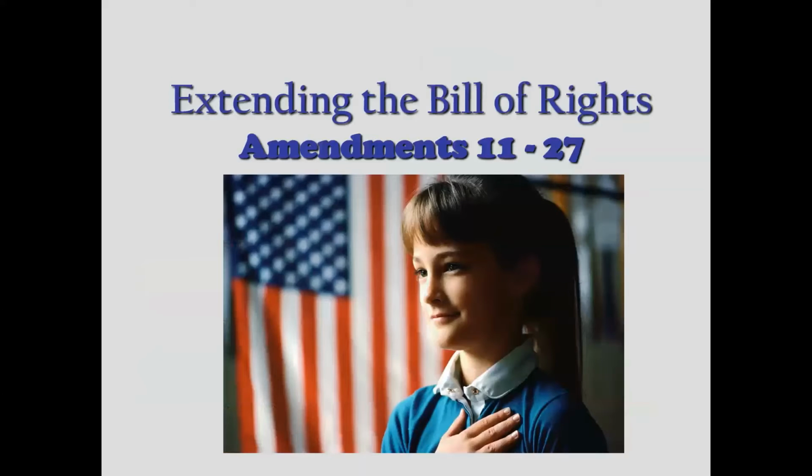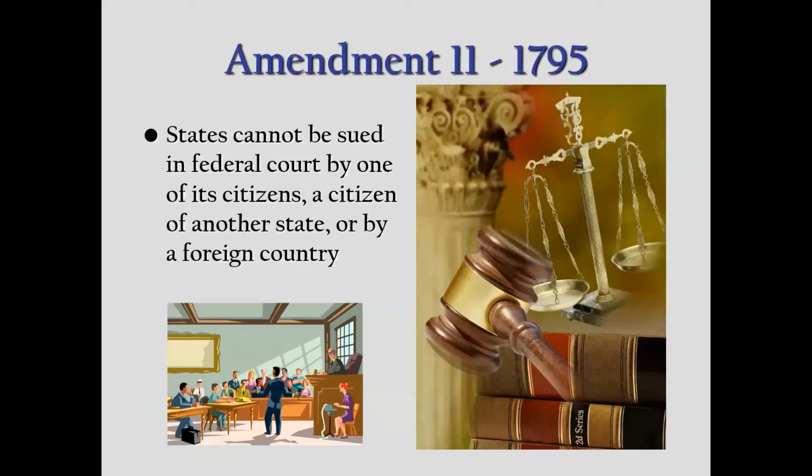So now, moving on from the Bill of Rights, we have amendments 11 through 27. With this section, we're just going to look at 11 through 18. Amendment number 11 is kind of a specific one, but this was passed in 1795. It says that states cannot be sued in federal court by a citizen of another state, or by a foreign country.